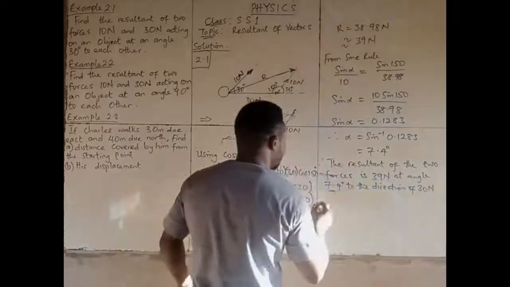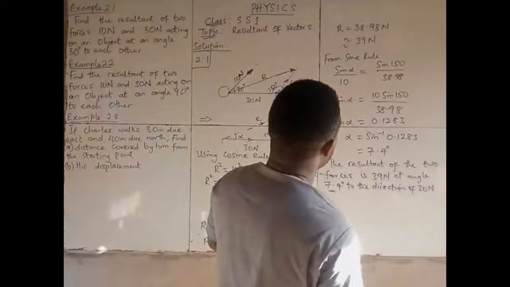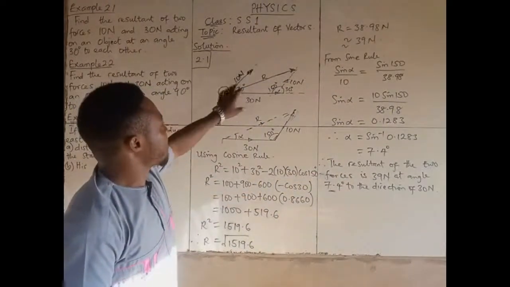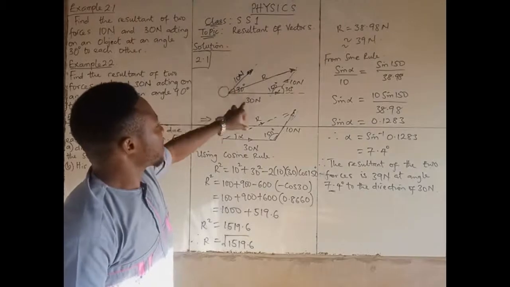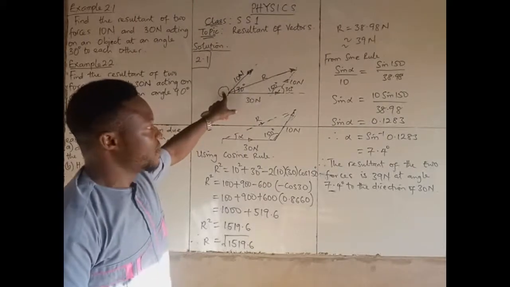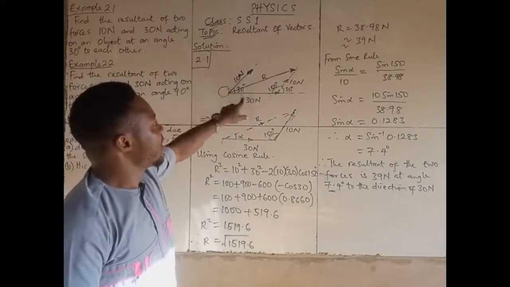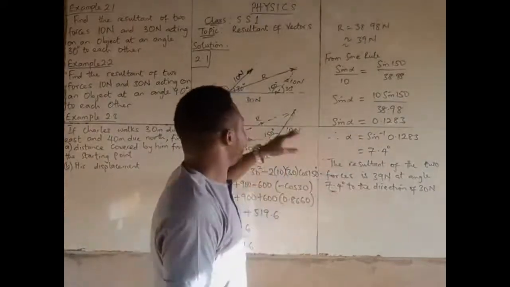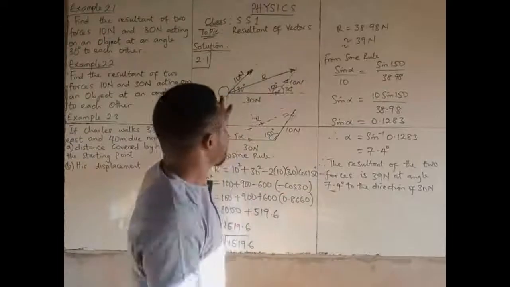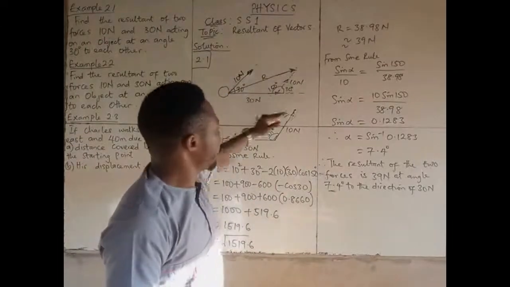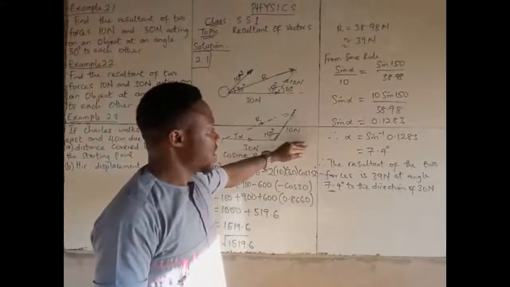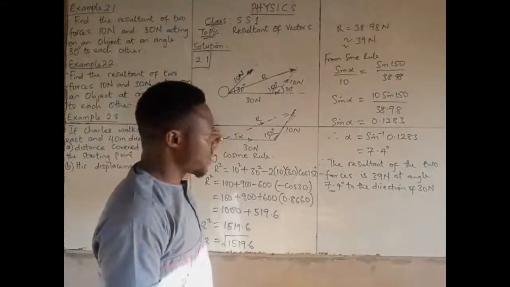That is the effective force that the 10 Newton and 30 Newton will contribute to this object, which means it's not just the addition, but this is the answer, 39 Newton. The direction is 7.4 degrees to the direction of 30 Newton, and that is your resultant.